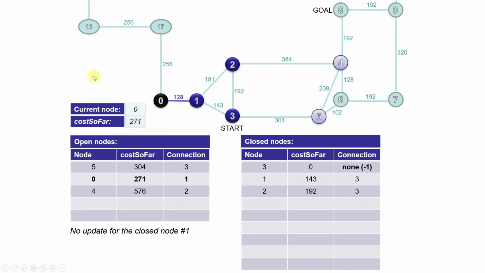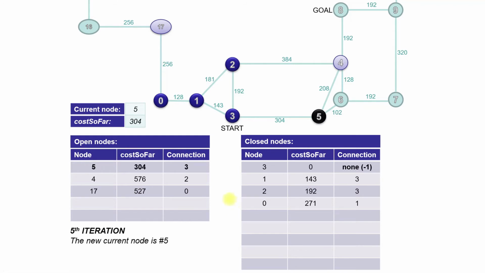And the second one is number 17, previously unvisited, added to open nodes with cost so far 527. Connection is now the current node, 0. Okay. Close the current node by adding it to the closed and removing from the open. We are ready for iteration number 5.